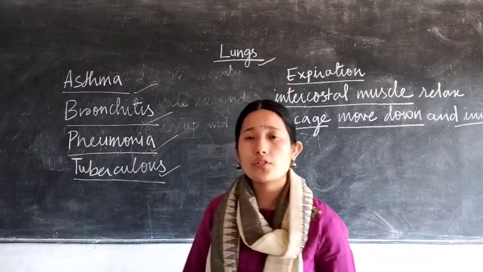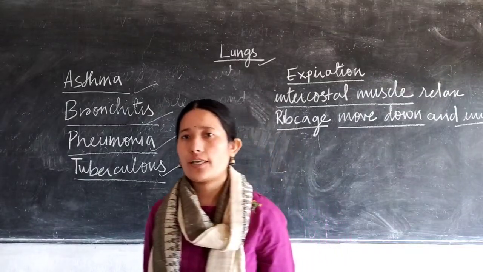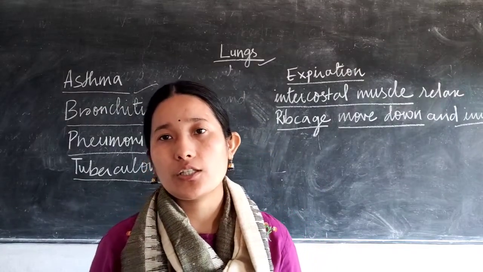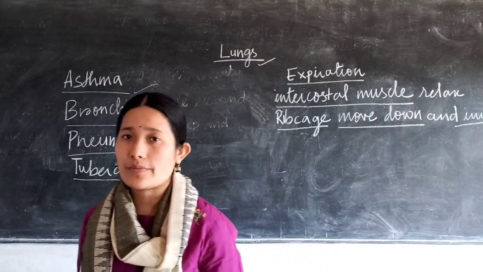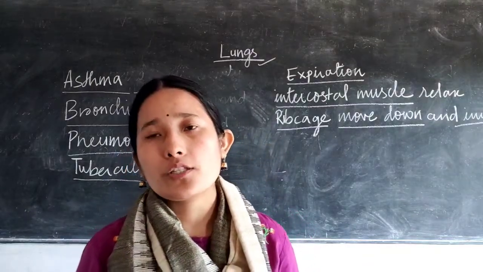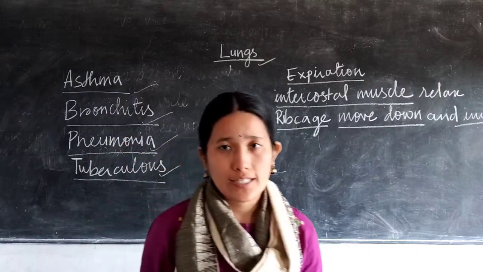So these are the common respiratory diseases. Now how can we keep our respiratory system healthy? Number one, whenever you are going around, always remember to wash your hands before eating or doing anything.